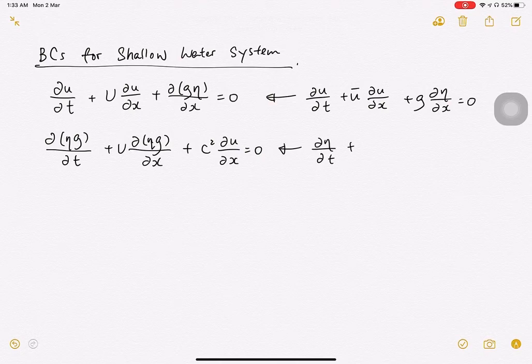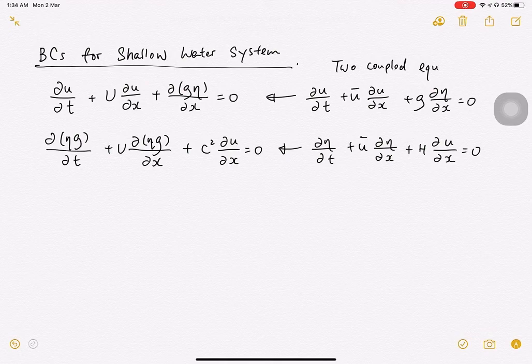Eta. Okay, we have rewritten the mean value of your variable into the big U here, and you can see that the two equations here are coupled. What does it mean by coupled?